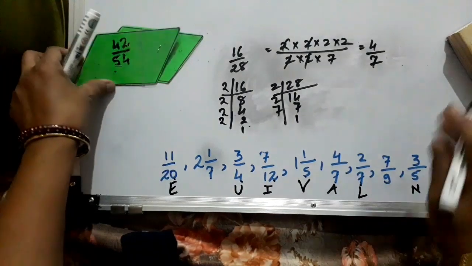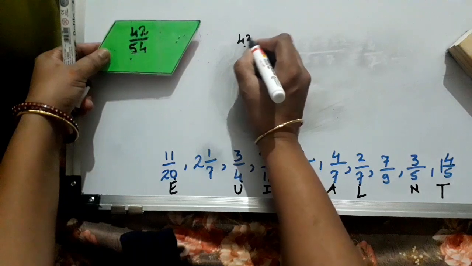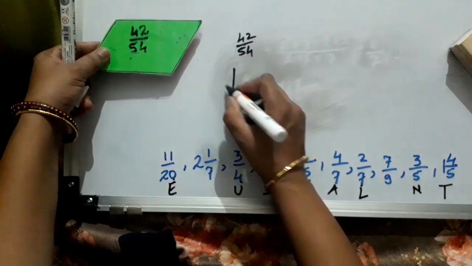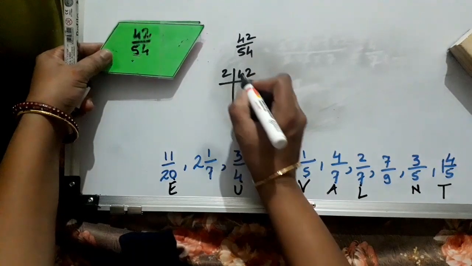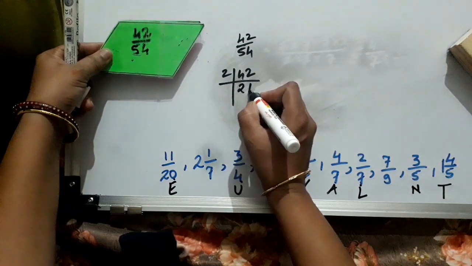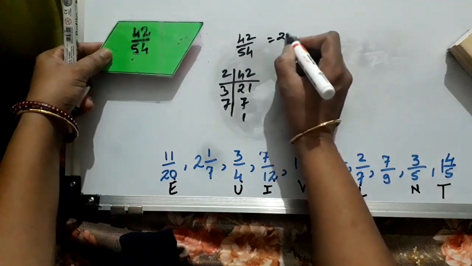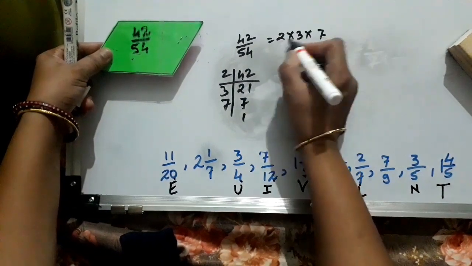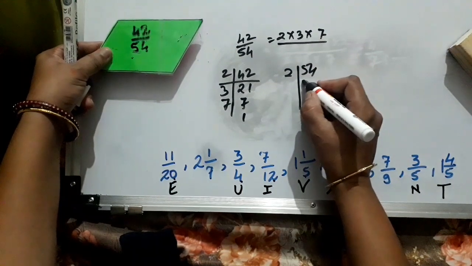Now the next one is 42 upon 54. 42, it's an even number, so it's divisible by 2. 2 21s are 42, 3 7s are 21, and 7 1s are 7. So here 2 into 3 into 7, and here 54, again an even number, so divisible by 2.